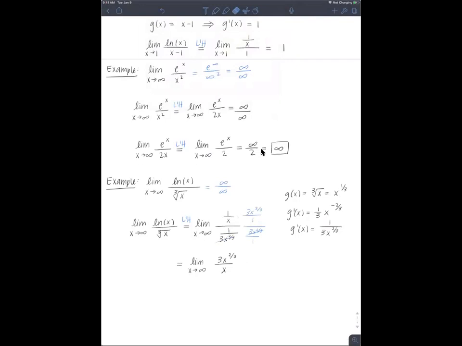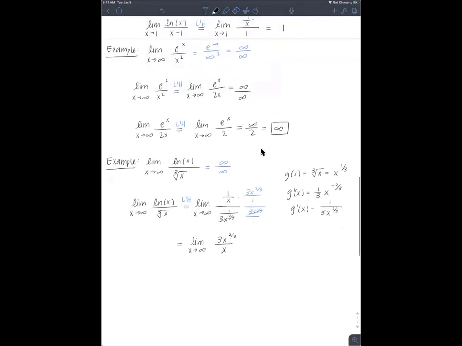All right, so then here, quick question, do we need to use L'Hopital's rule again? Yes, you would expect to because you're getting infinity over infinity, but I also have x over x. It's x to the 2/3 over x, but that's fine, right?